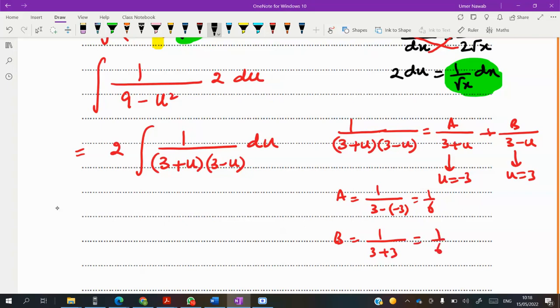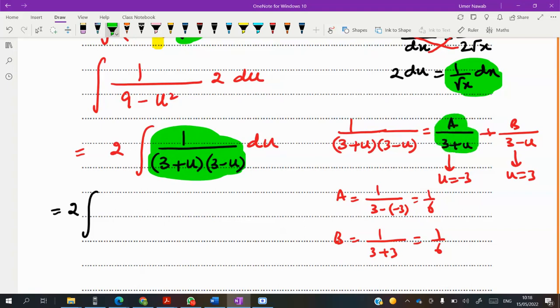So this whole expression is converted into two partial fractions where a and b values are also found. In the place of a, I write 1 over 6 over 3 plus u, and then plus 1 over 6 over 3 minus u, du.